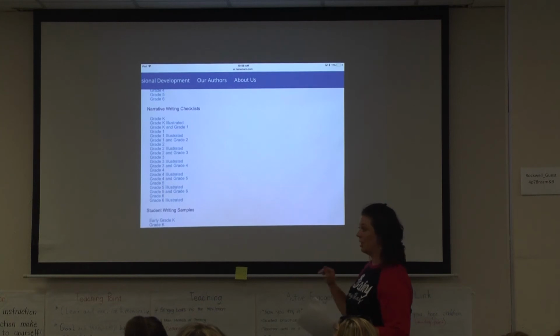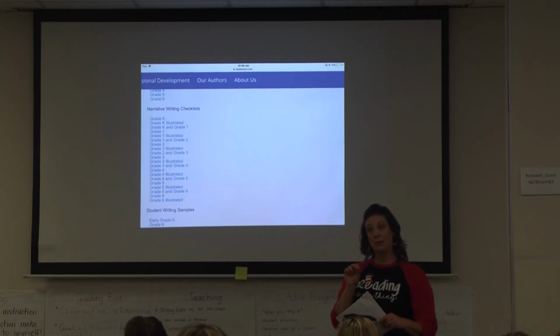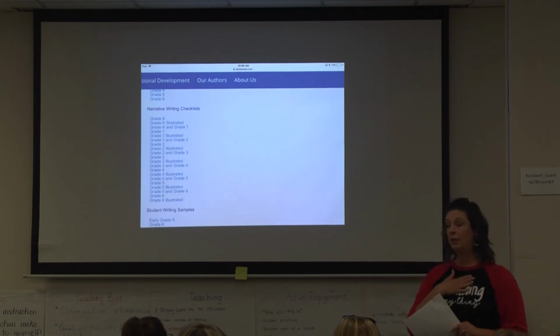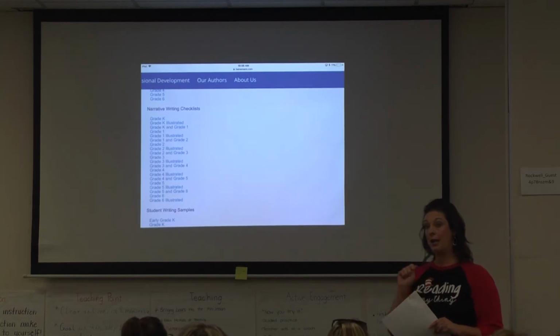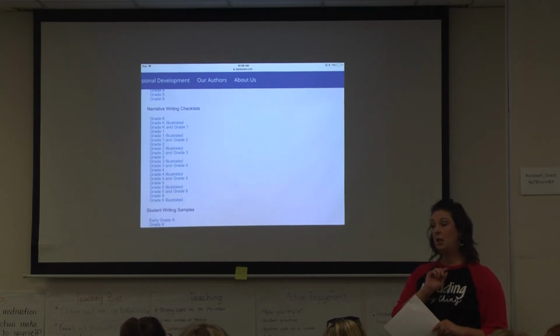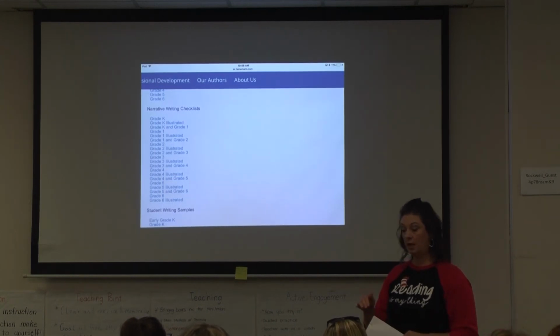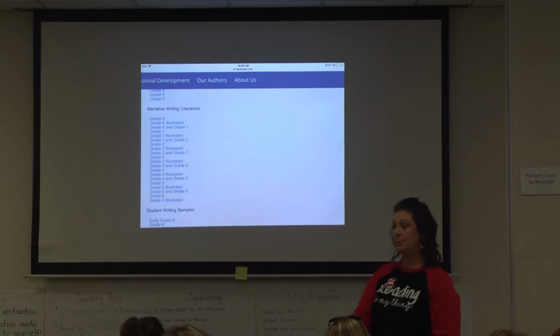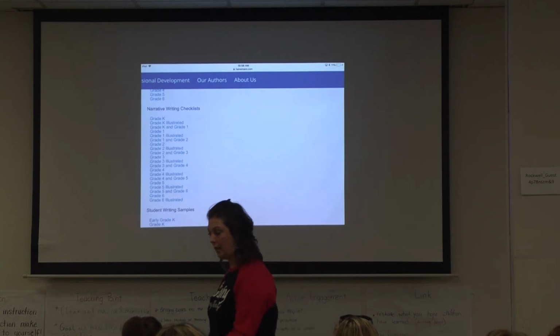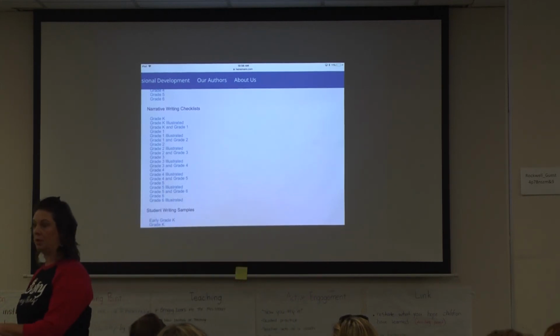Let's say they take a checklist and they pick out something they want to work on. Personally, I would have students highlight what they're working on or star it. The checklist will always be out with the students while they're writing, so I can quickly walk by and see what each person is working on.